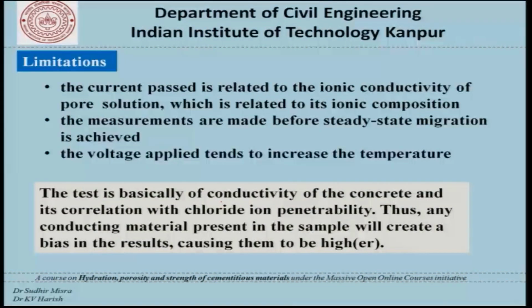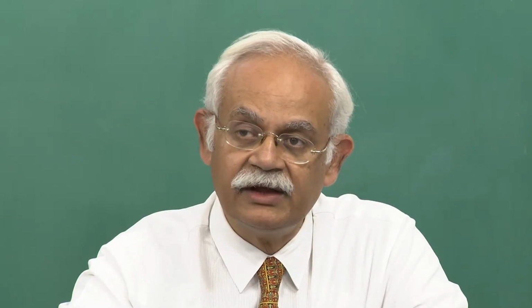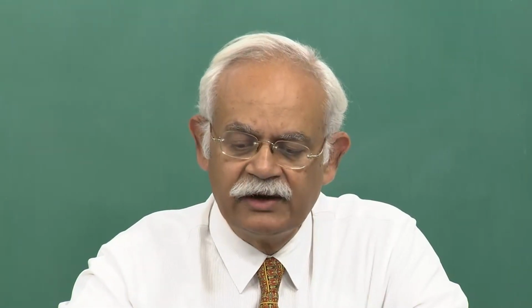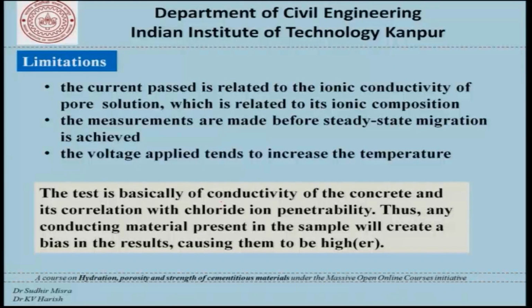Let us understand the limitations of this test. The current passed is related basically to the ionic conductivity of the pore solution, which is related to the ionic composition, and therefore, the composition of cement and so on becomes an important parameter that could affect the results. The measurements are made before any kind of steady state migration is achieved.